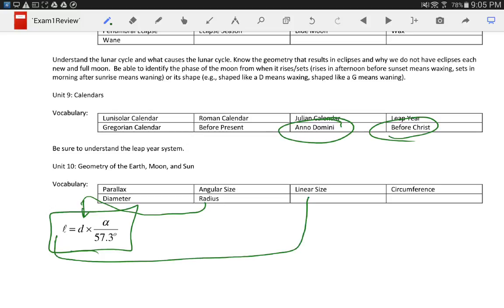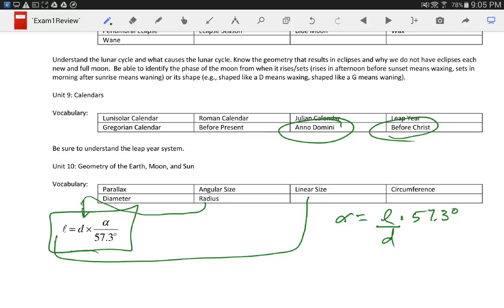That's the way this is arranged here. So the linear size is L. If you want to find the angular size, you would take that and just solve it for alpha. And so that's how you find alpha.